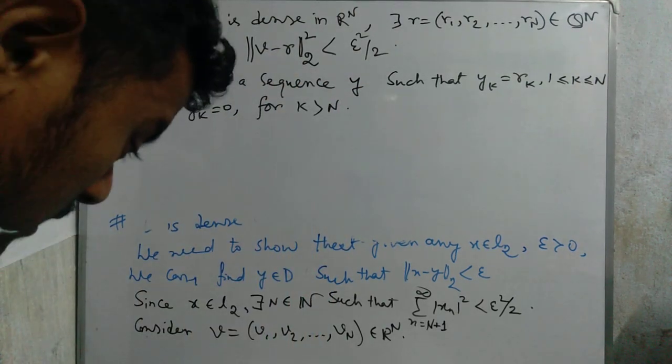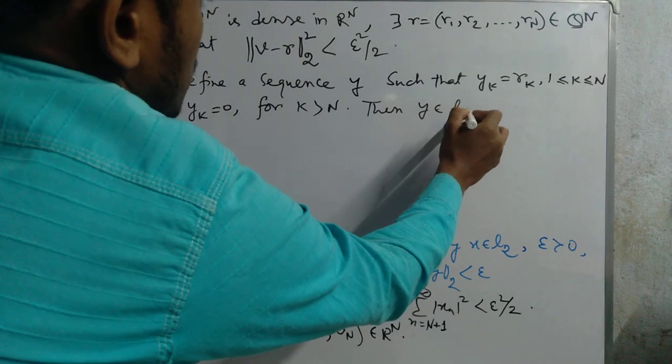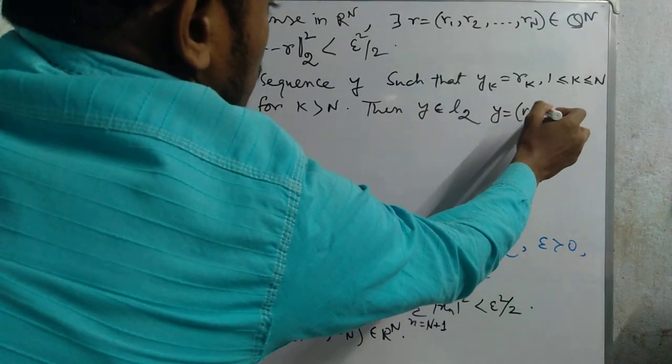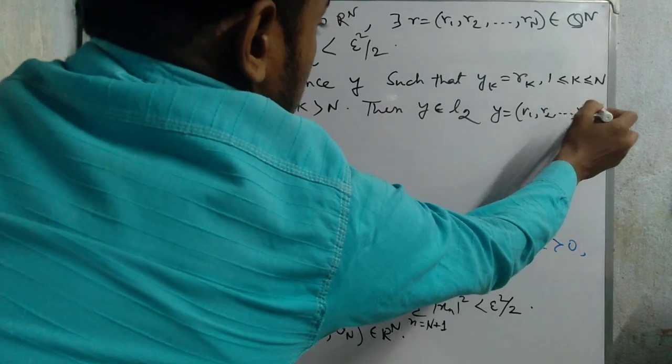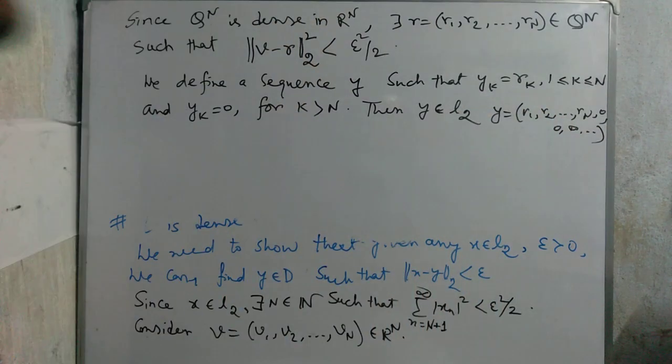Then obviously y belongs to L2, because y is in this way: r1, r2, ..., rn, and 0, 0, 0.